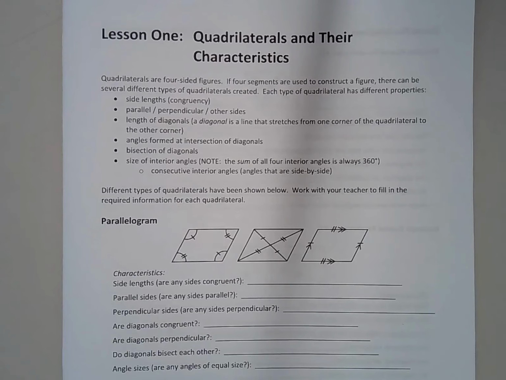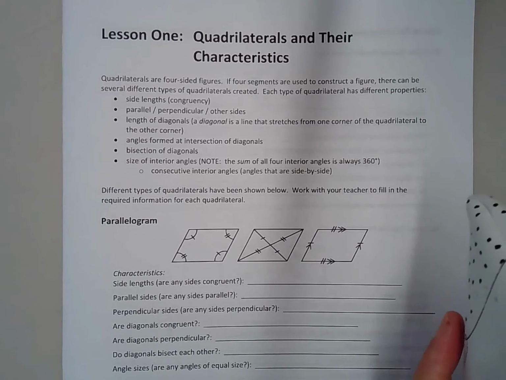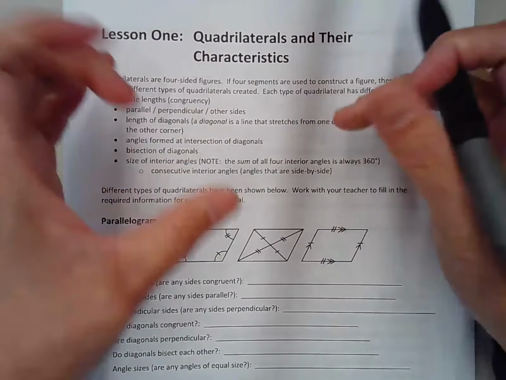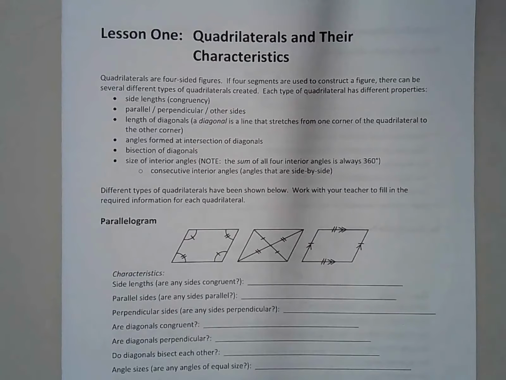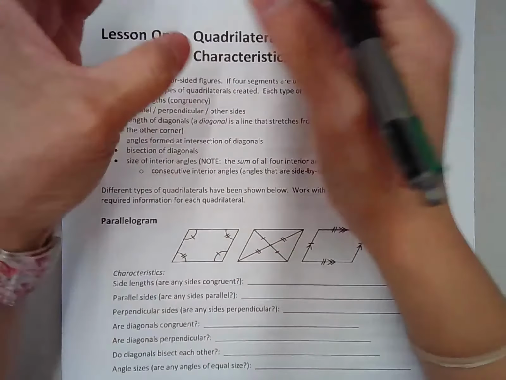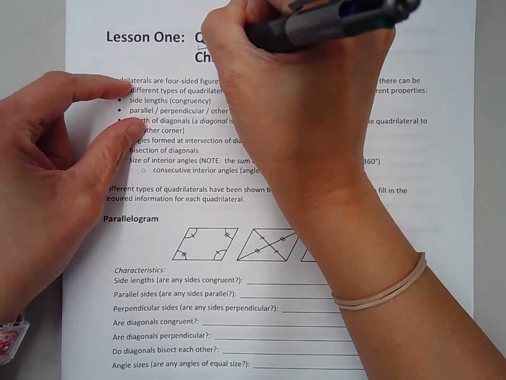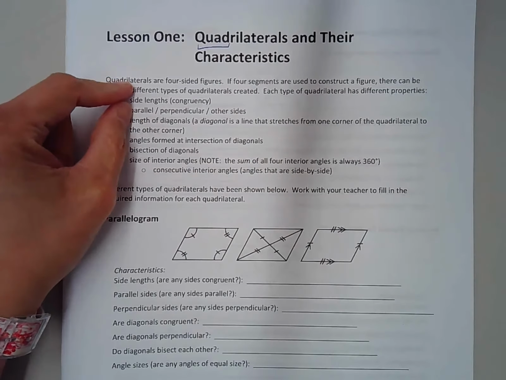So lesson number 1, characteristics of quadrilaterals. Okay, so let's unpack this and see what it is about. If we chop up the words and see what they mean, the word quad means 4.